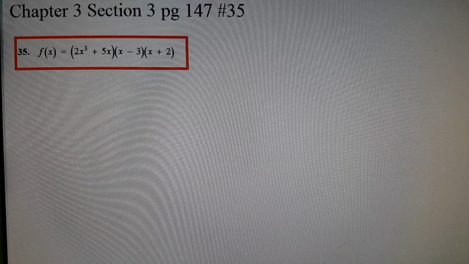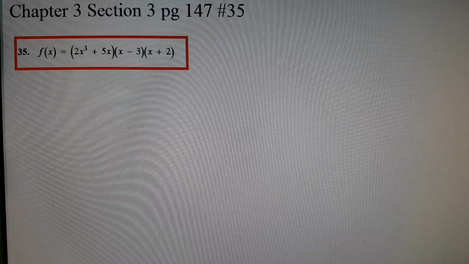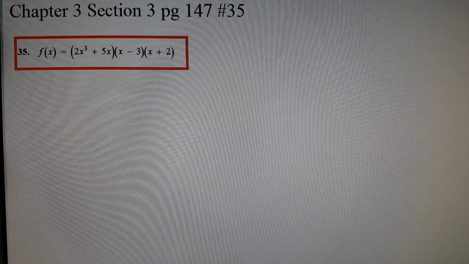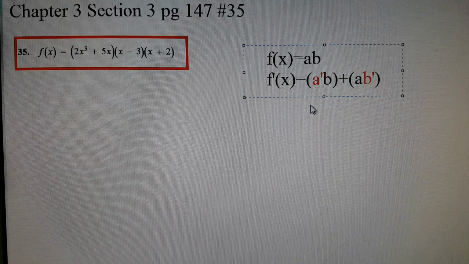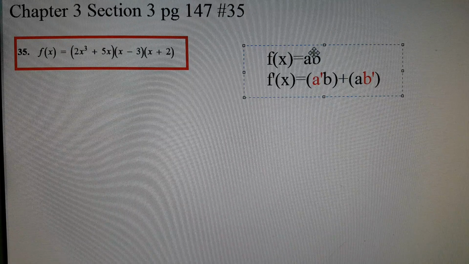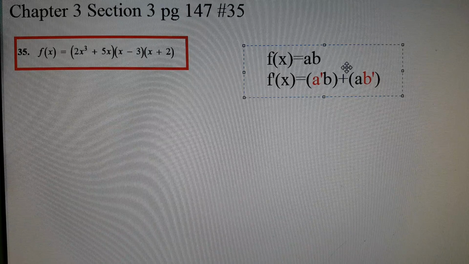By now you are no doubt familiar with the process of taking the derivative of two terms being multiplied together, which is this rascal right here. You know it as first d second plus first second.